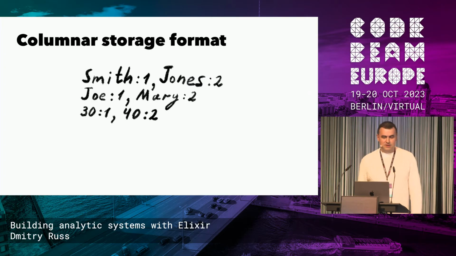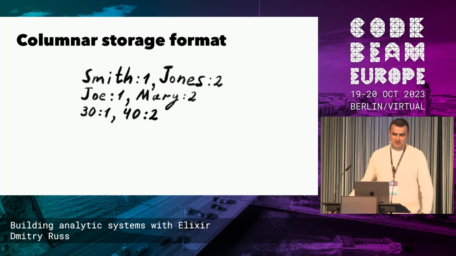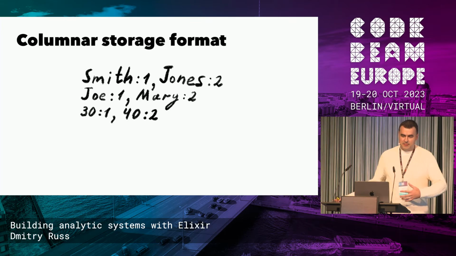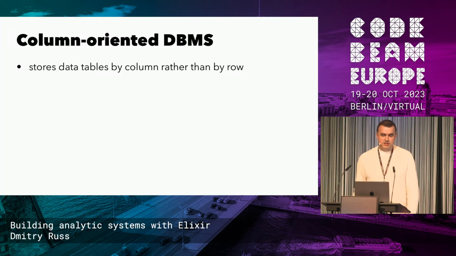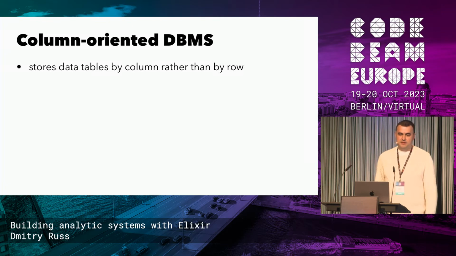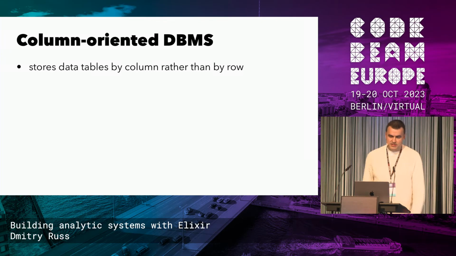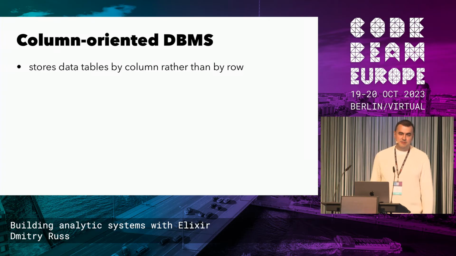As you can see in the example, for example, the first name and last name are saved completely separately. And this is the whole idea of column-oriented database management systems. So it stores data tables by column rather than by rows.